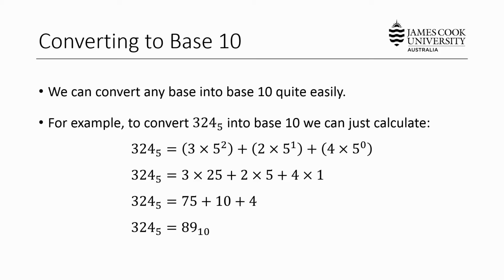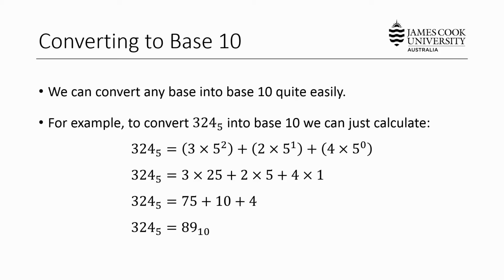So it's actually quite easy to convert from a base n number system into a base 10 number system, because the additions we're doing are the ones that we do for our whole life. So for example, to convert 324 in the base 5 number system into base 10, all we have to do is calculate the values of those 3, 2, and 4 based on their position in base 5, okay?